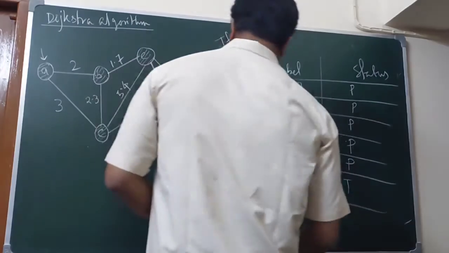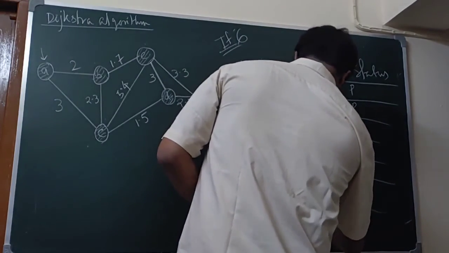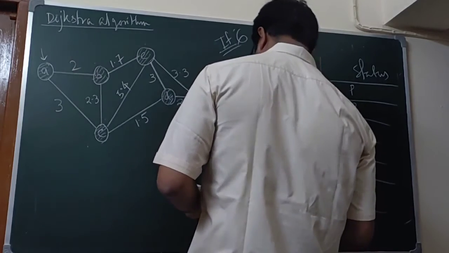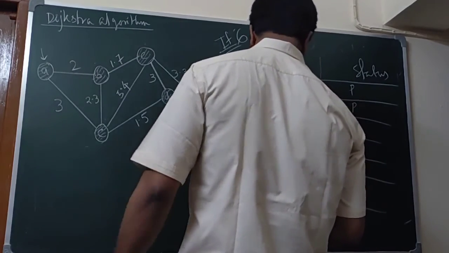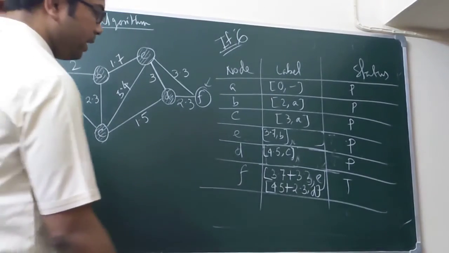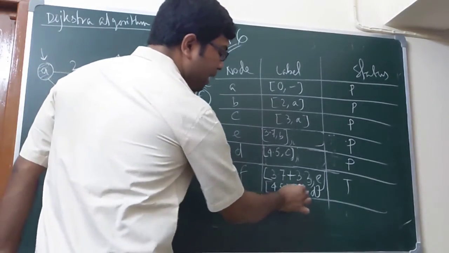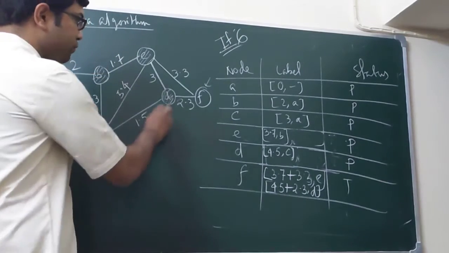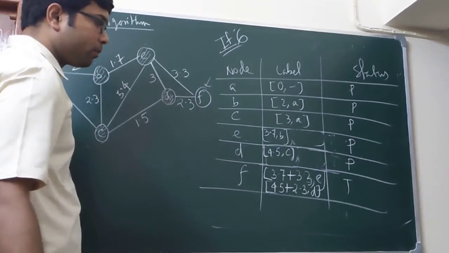Which one is smaller? Obviously 4.5 plus 2.3, the via D path, is smaller.